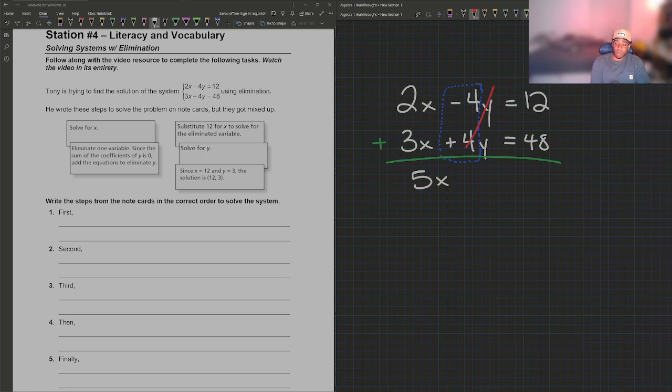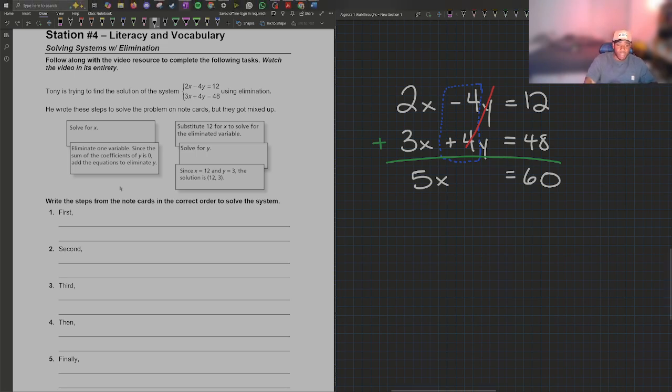So we can slash them out, like if we were solving an equation. And over here on the right side, we're just going to go 12 plus 48 is going to get us 60. Okay? So what happened here was we combined these two equations because the x's are like terms and the y's are like terms. And when we combine these two equations, what we notice is we've eliminated one of the variables, y.